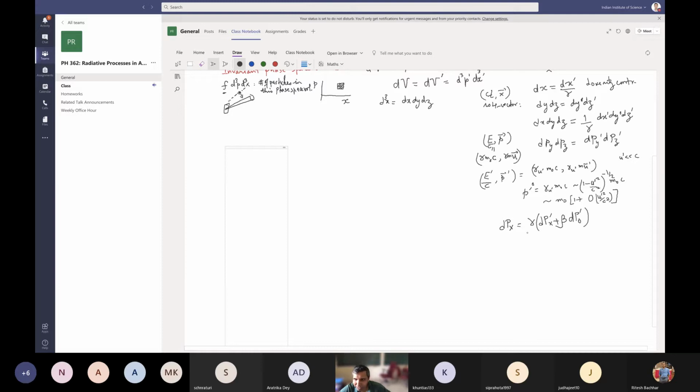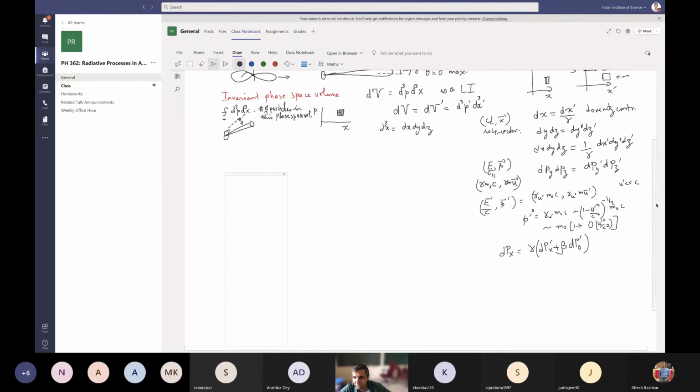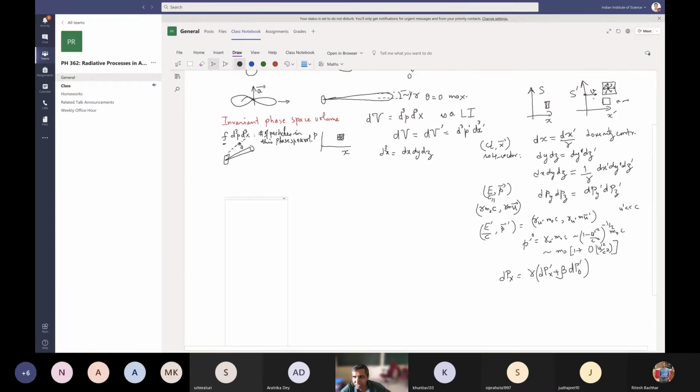I'm just writing the x transformation, and this beta is the velocity between these two frames, V equal to beta C. It is not the same as U prime. U prime was the spread in velocity in the frame S prime, so the U prime magnitude was much smaller than C.